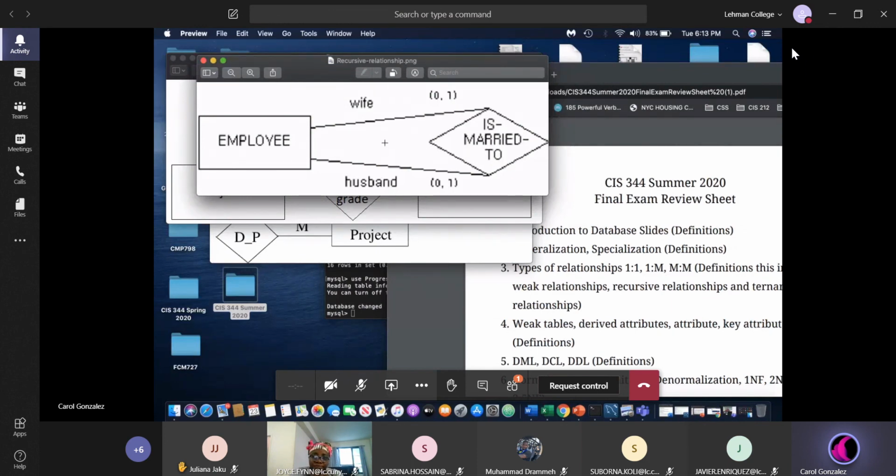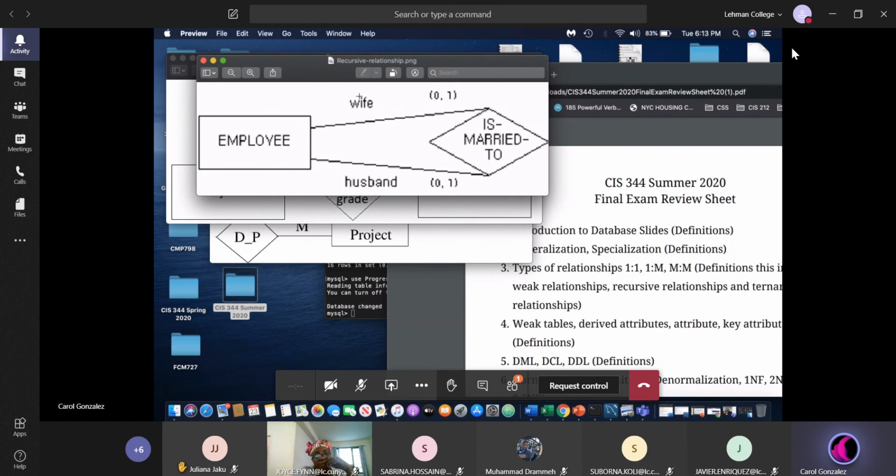sometimes husband and wife pairs. You might meet your girlfriend on the job. You might get married to your girlfriend, or married to your boyfriend, or married to someone. An employee, man or woman, is married to, or could be single, but of course, an employee is married to her husband.